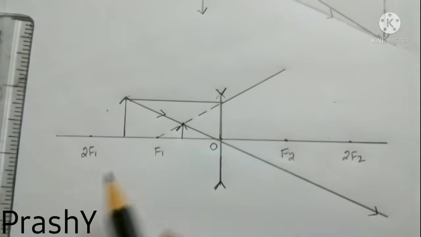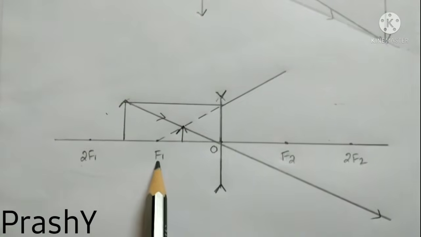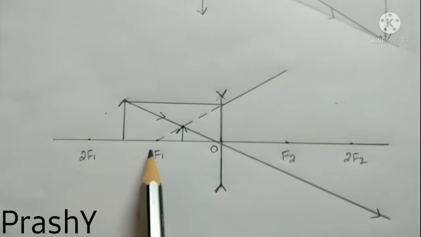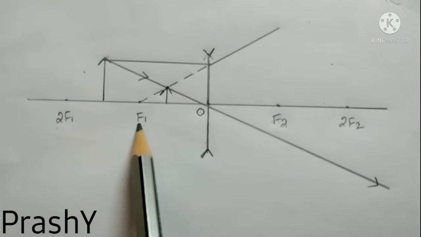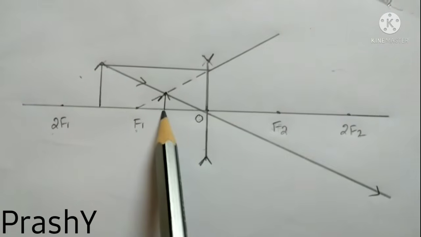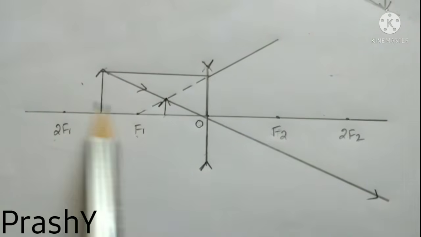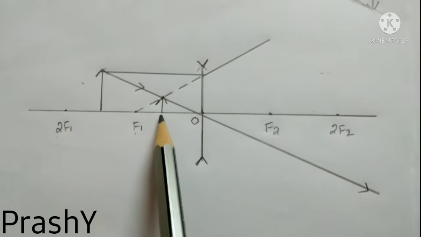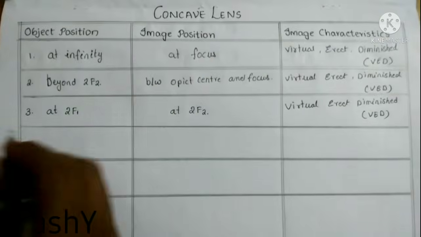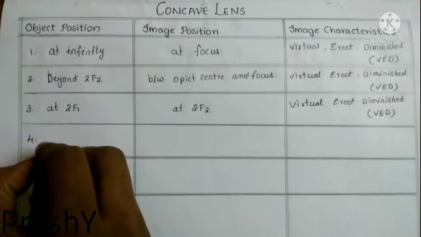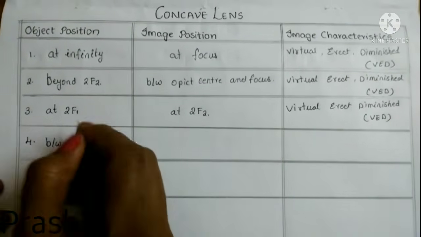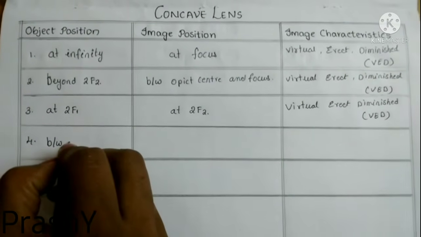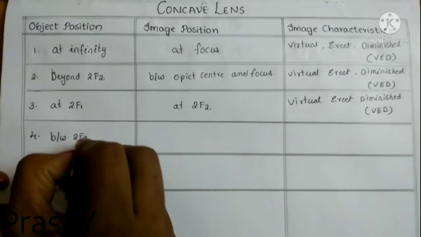So when the object is placed between 2F1 and F1 for a concave lens, we are getting the image between O and F1. And the image formed is virtual, erect and diminished. Diminished means smaller than the size of the object. So fourth one, object is between 2F1 and F1.